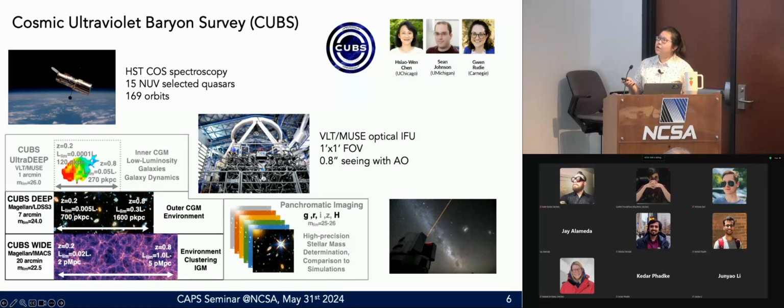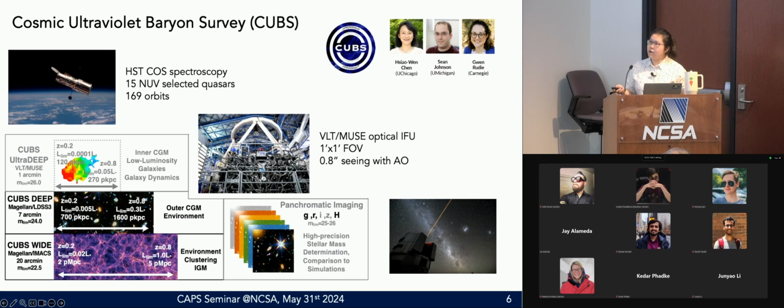So the core of the CUBS survey is these very high quality COS spectra around 15 bright quasars.